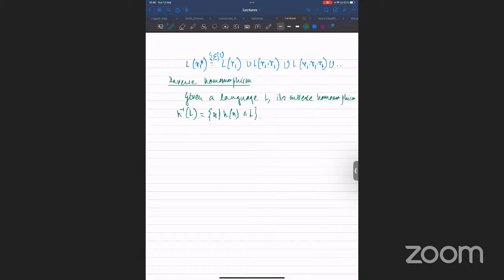So H inverse of L is the set of those words X such that Hx belongs to L.